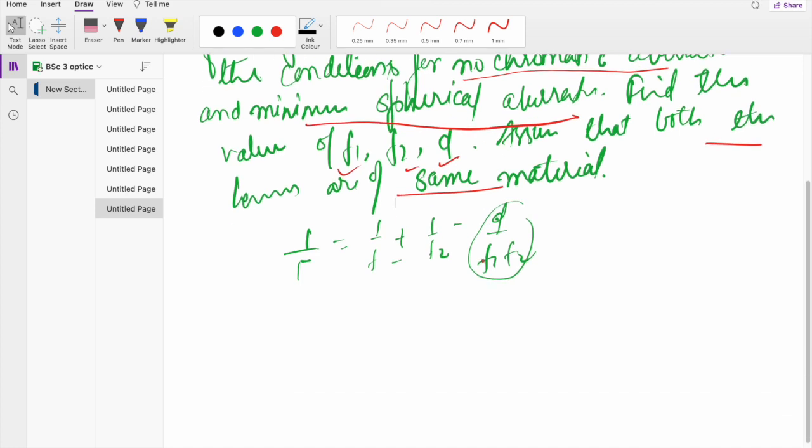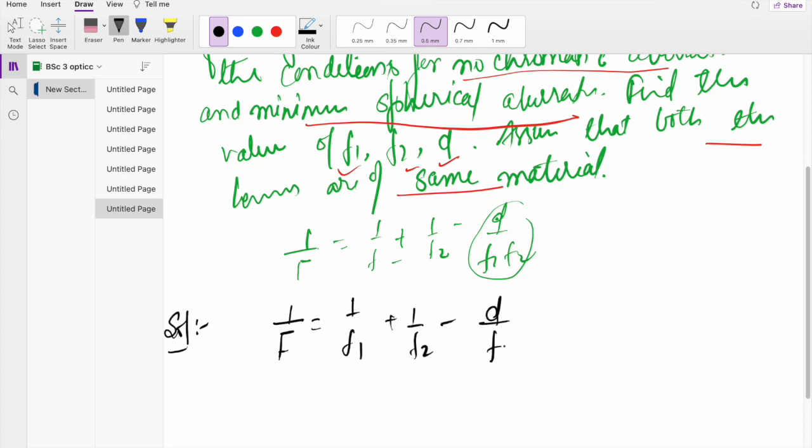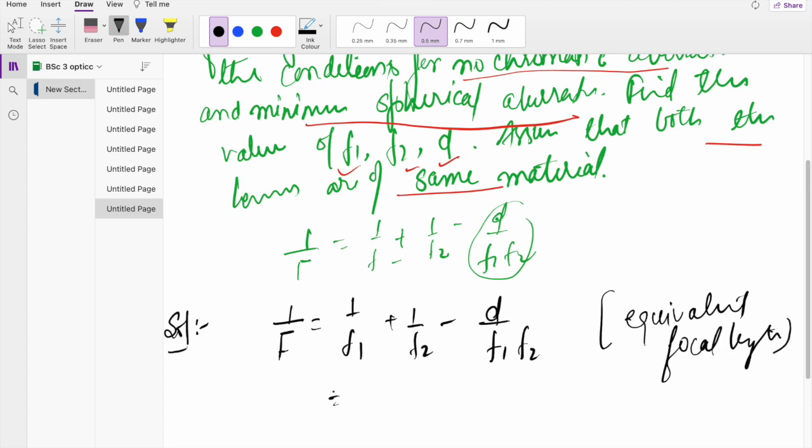All right, so let's solve this. If we calculate the equivalent focal length, 1 upon F becomes 1 upon f1 plus 1 upon f2 minus d upon f1 f2. Just simplify this.